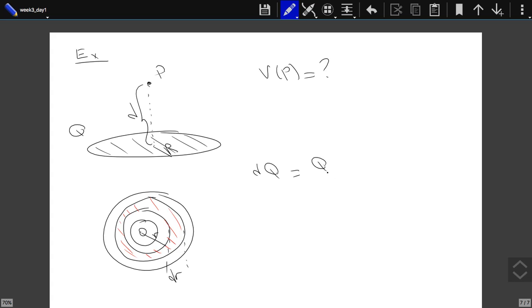Well, the total charge is uniformly distributed over the area. Pi r squared is the total area. So the charge per unit area is given by the charge divided by the total area, which is pi r squared. So what is the area of this ring?